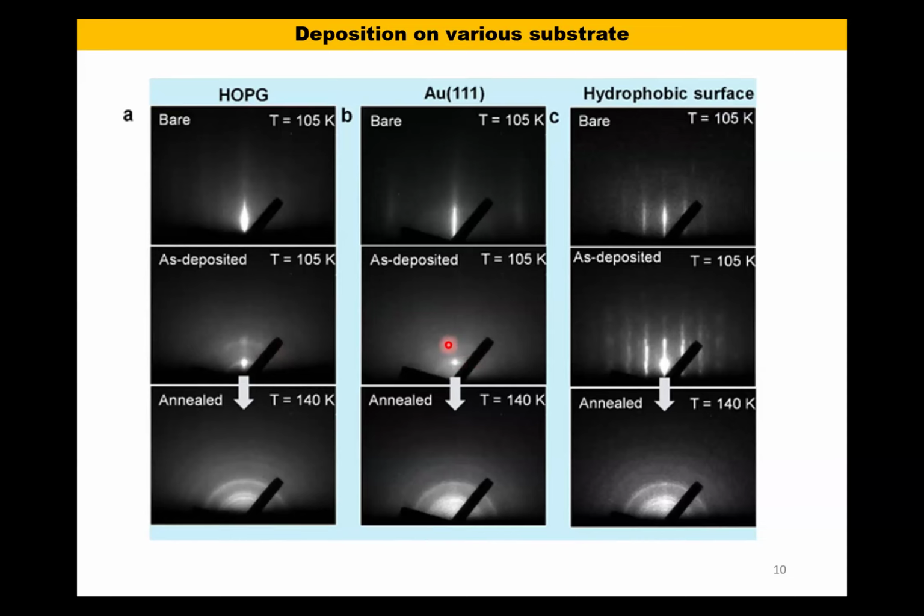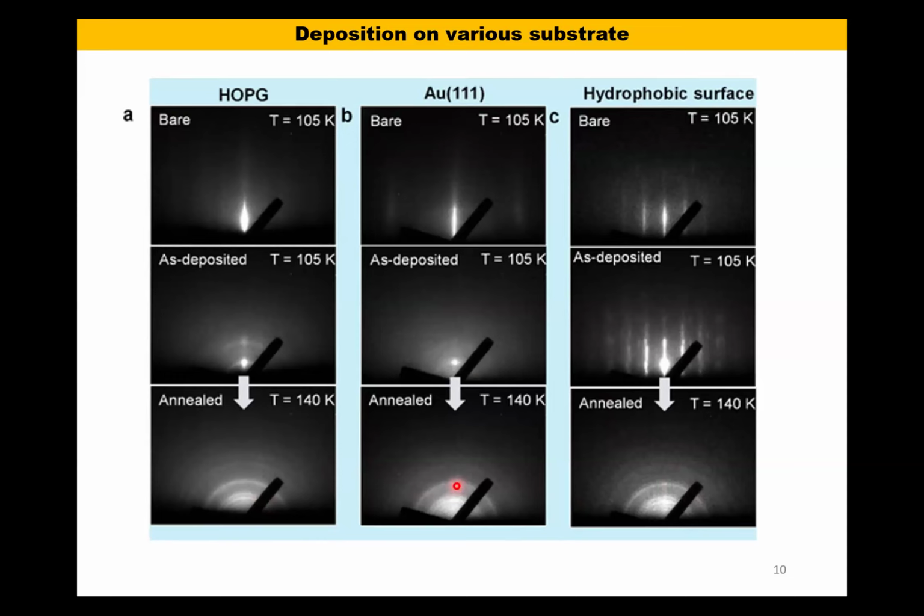So if we have deposited 60 nanometers, we can only say what is present on the top surface. Here most of the top surface is covered by THF, so you can see this kind of diffraction. But when we anneal to 140 Kelvin, all the substrates show the same kind of diffraction, which suggests that no matter which surface you are using, it is a multilayer process. So it is not dependent on the surface, and it forms clathrate hydrate in each of the cases.